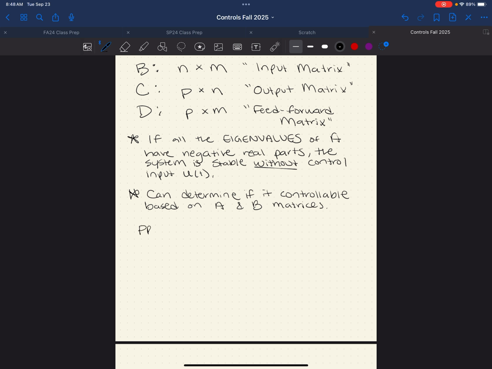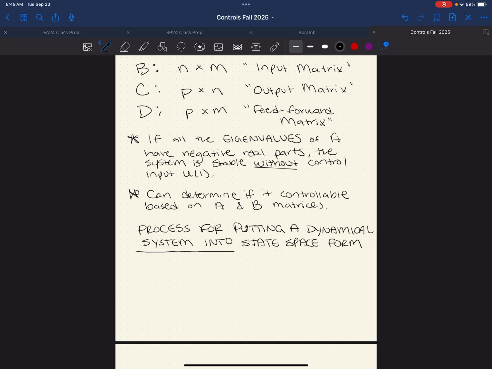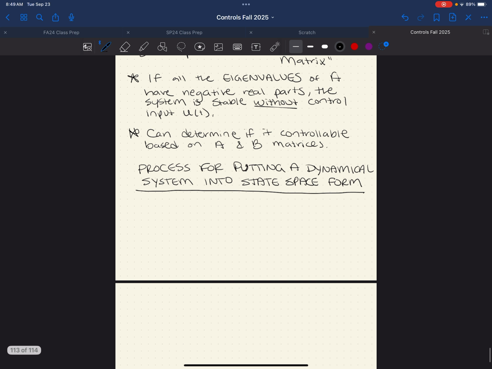So, process for putting a dynamical system into state space form. This is going to be a really important part of this lecture. So you will need to know the process for putting a dynamical system into state space form.